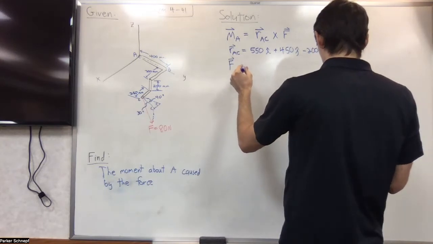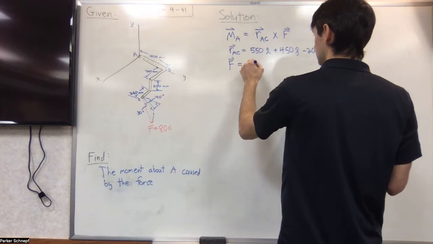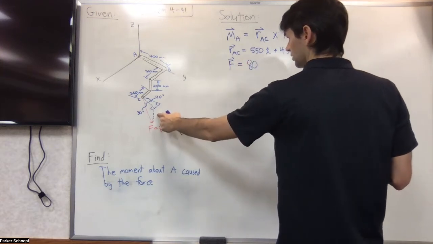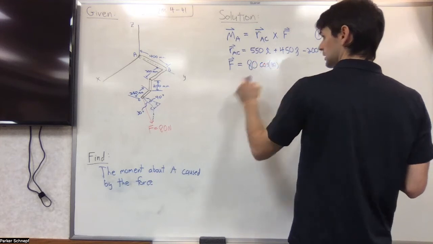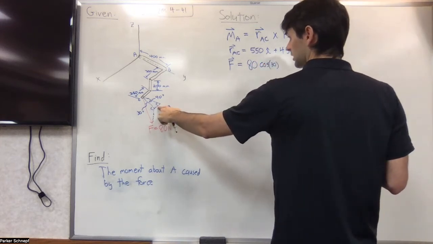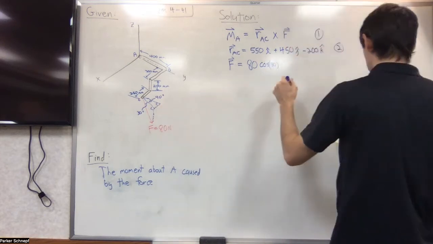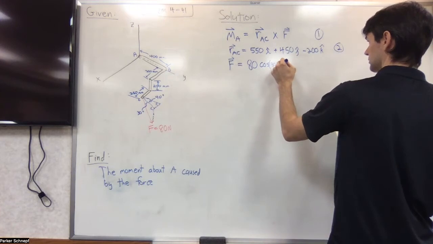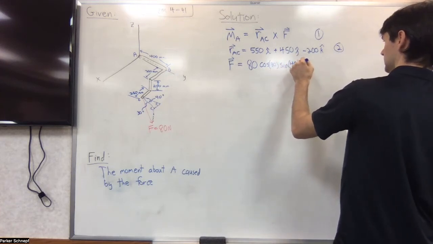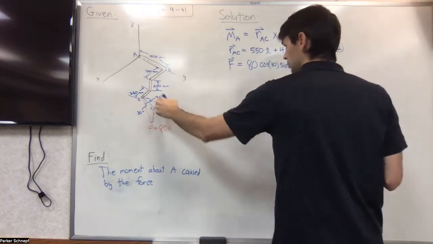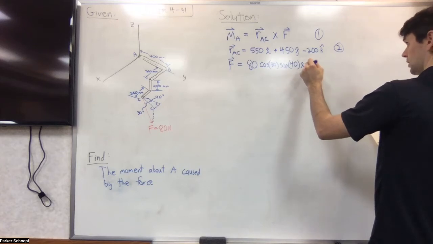So the force, the x component is going to be the magnitude times cosine 30, times, and this one's going to be the x distance, so it's times sine 40, because we want that opposite edge of this upper triangle. And that will be in the positive x direction.